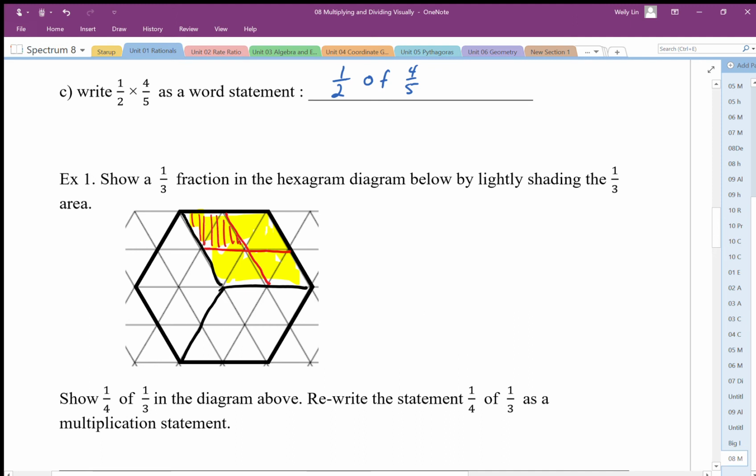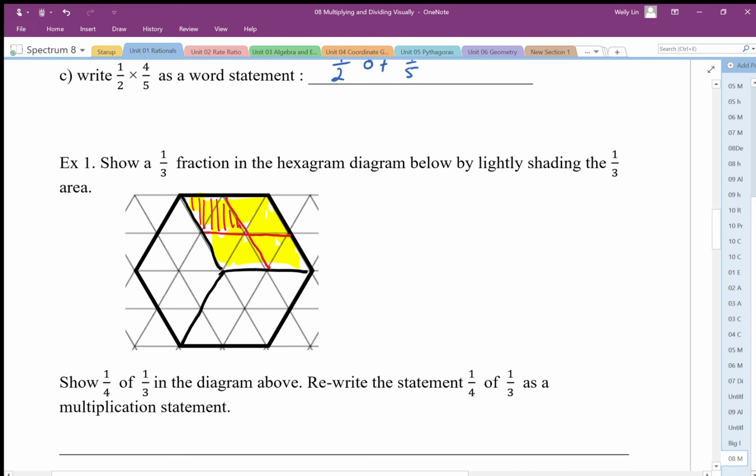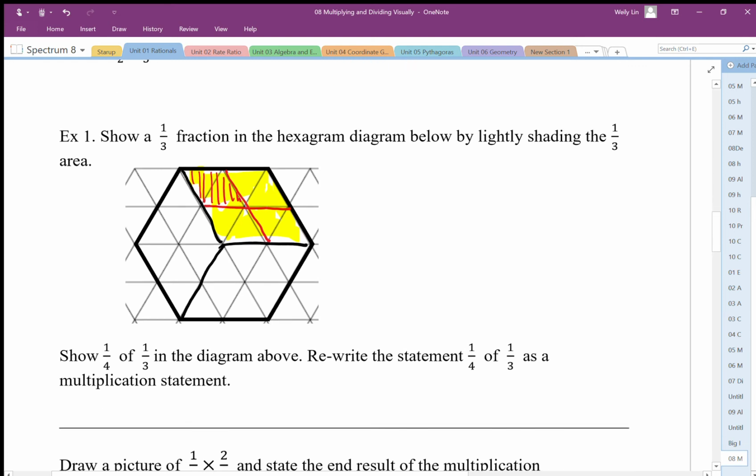So what does that look like as a multiplication statement? That's going to be 1/4 times 1/3. My picture shows me that if I chop that into the same size pieces, there's going to be 1, 2, 3, 4, 5, 6, 7, 8, 9, 10, 11, 12.